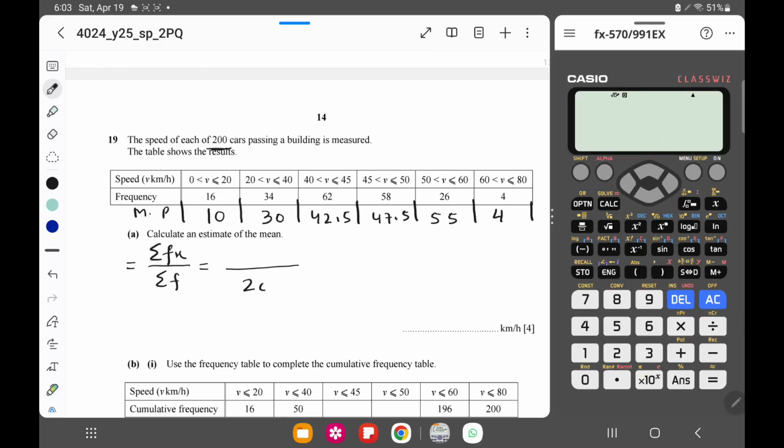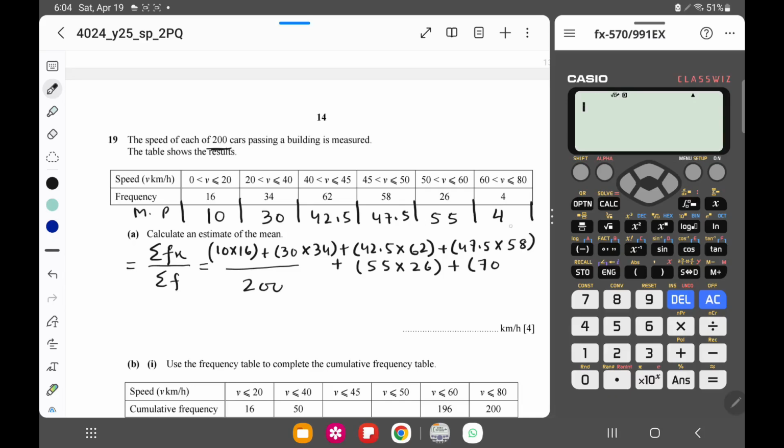So you multiply 10 into 16, plus 30 into 34, plus 42.5 into 62, plus 47.5 into 58, plus 55 into 26, and then 70 into 4.